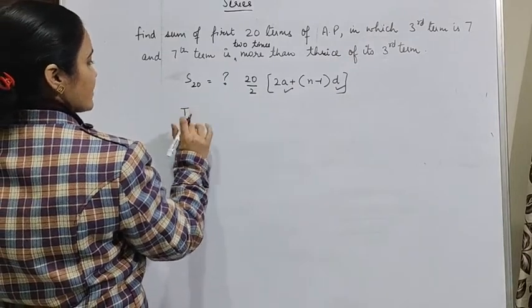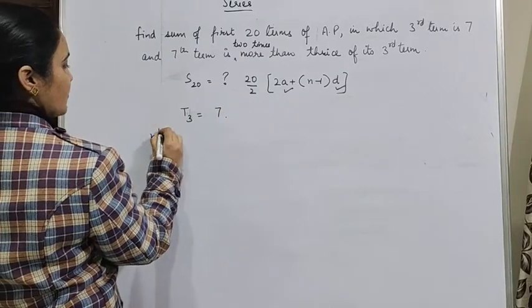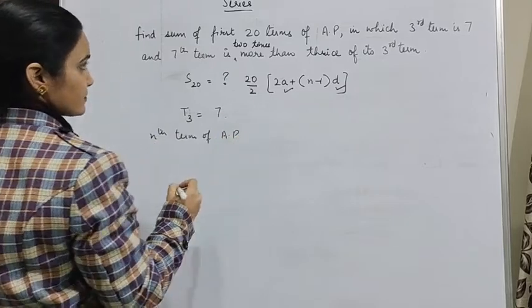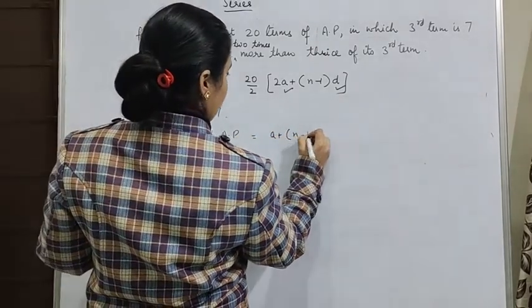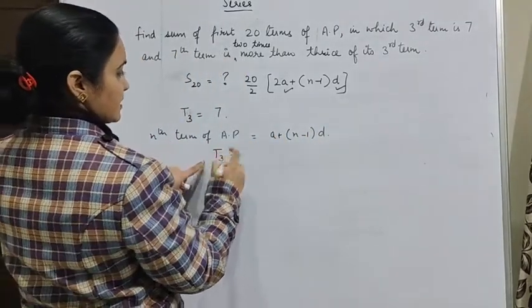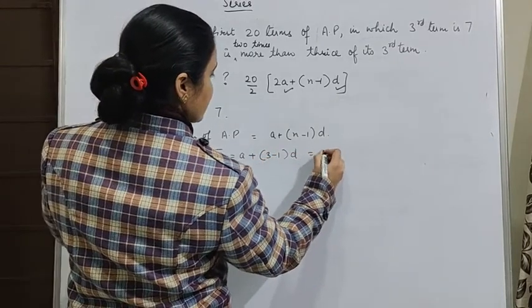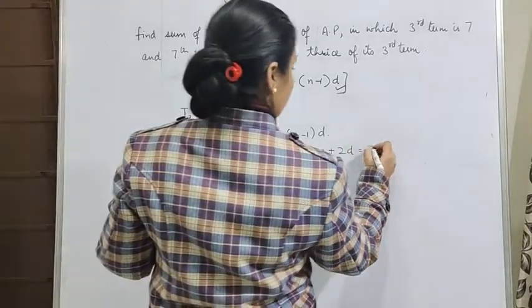So we have given T3 as 7. So what is nth term of an AP? Nth term of AP is given as a plus n minus 1 times d. So what is third term? A plus 3 minus 1 times d. So it is a plus 2d is equal to 7.